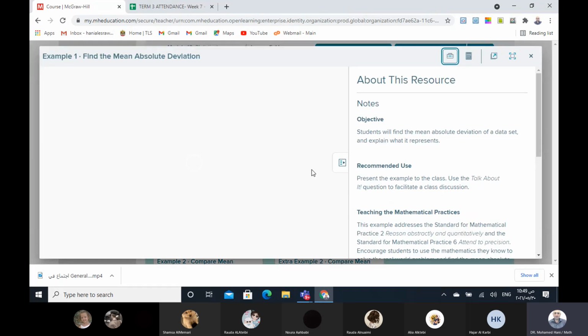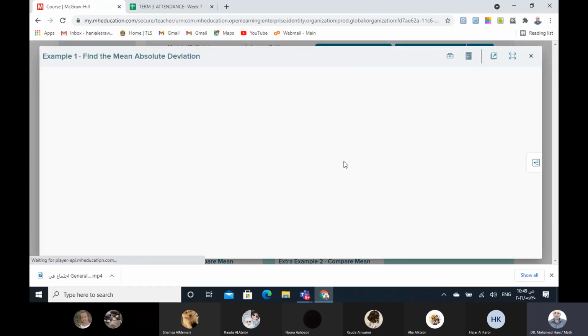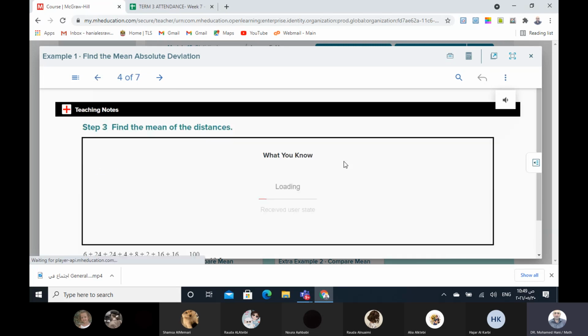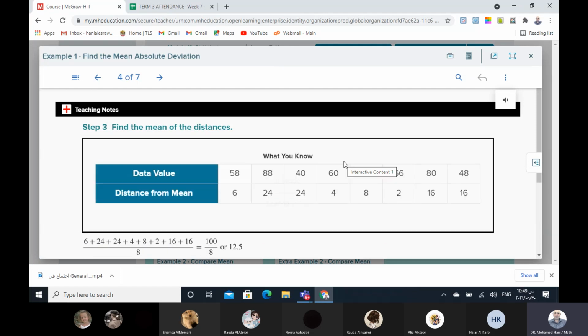Before the example, as you remember from the last lesson, we learned about the measures of variation. We learned the meaning of the range and the interquartile range.